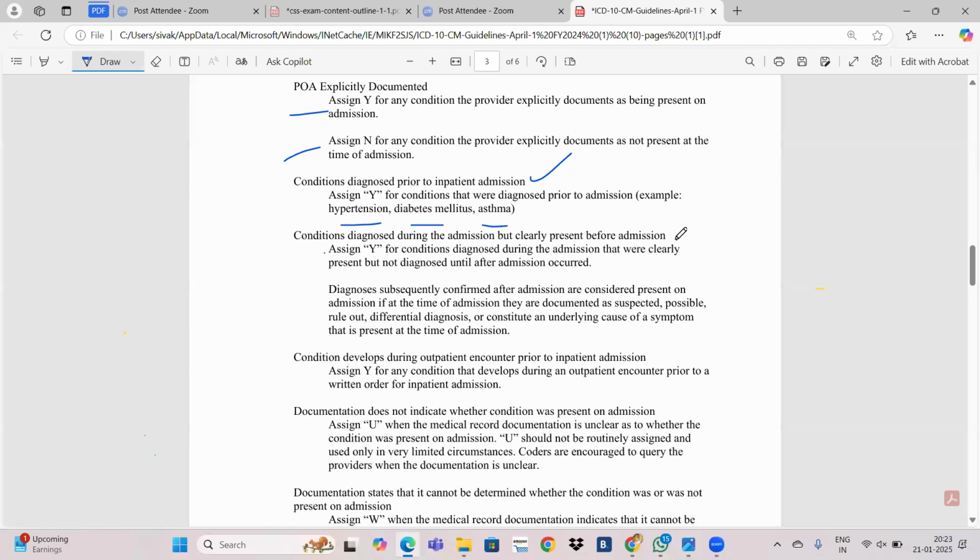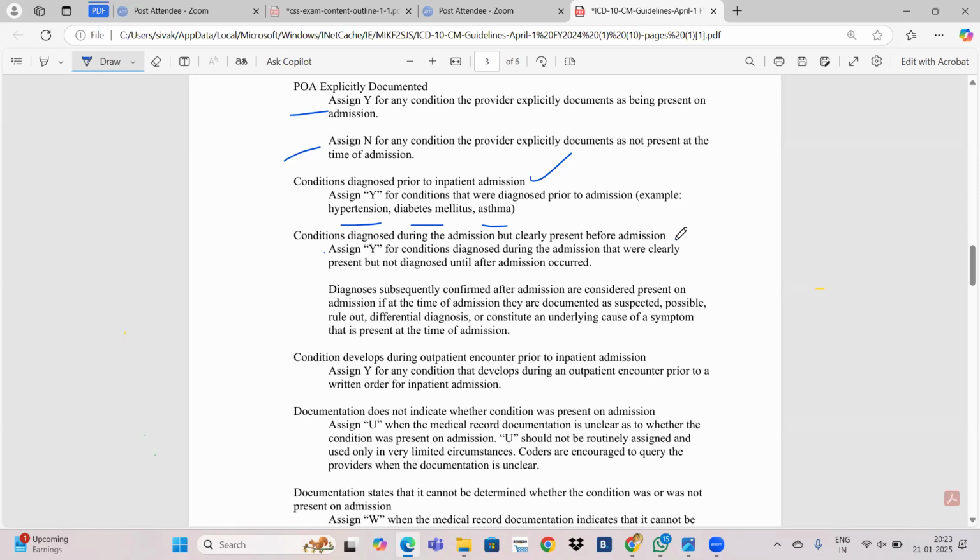Suppose a patient goes to the hospital with fever, SOB, cough. Okay, you are admitted to the hospital. Then based on your situation, they give inpatient admission. Then they do evaluation and they identify you have pneumonia. So what indicator will you assign for pneumonia now?